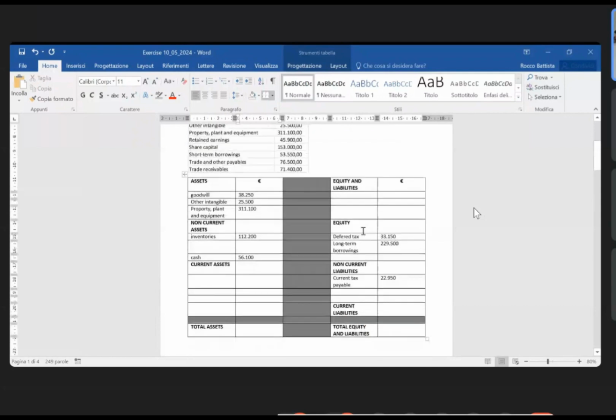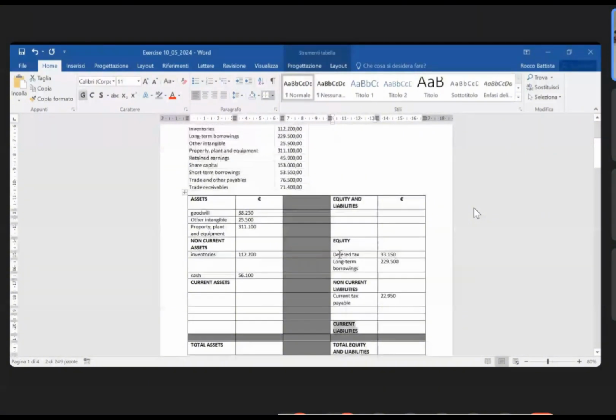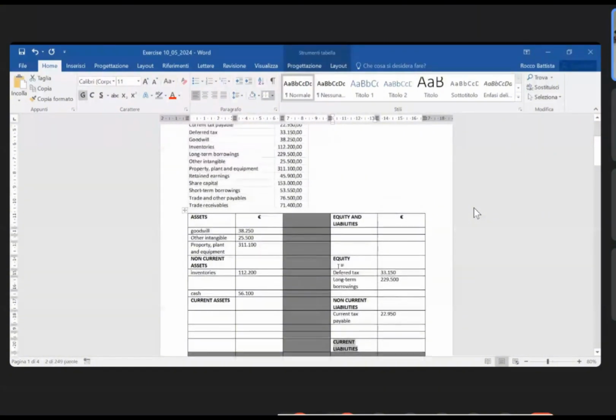Okay, but you have to decide if it is equity, non-current liabilities or current liabilities. You have to decide one of these three items. What do you think? I guess non-current liabilities. Someone else want to try?